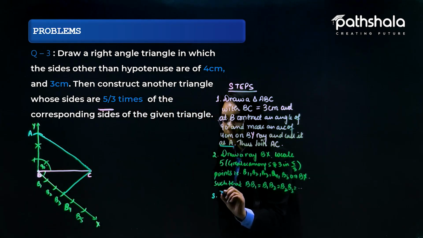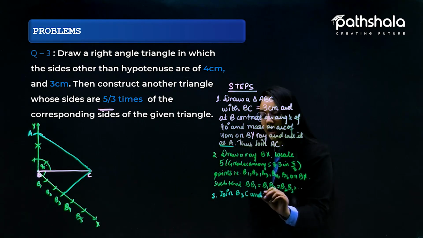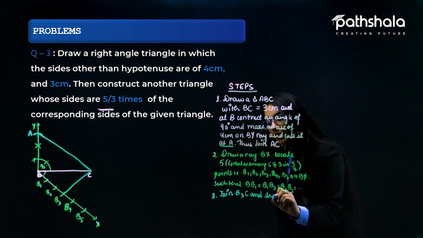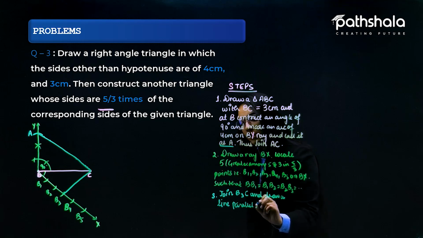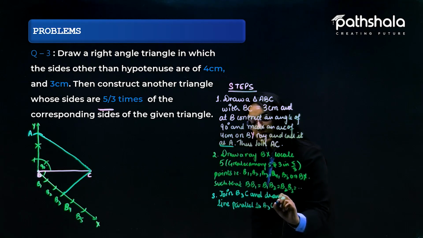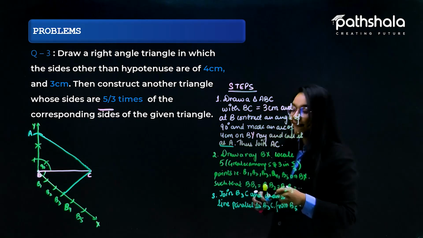The third step would be to join B3C and draw a line parallel to B3C from B5.